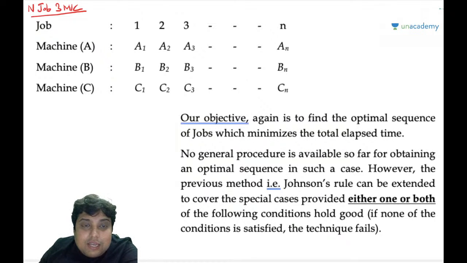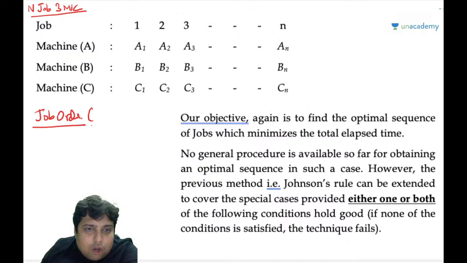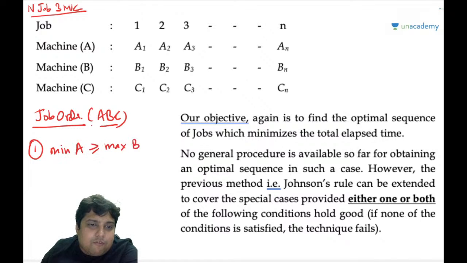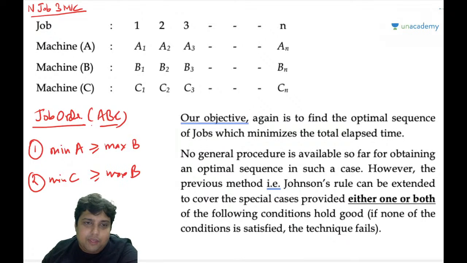The job order is very important. Let's say the job order is ABC. Then condition number one is that minimum of A should be greater than or equal to maximum of B, and minimum of C should be greater than or equal to maximum of B.